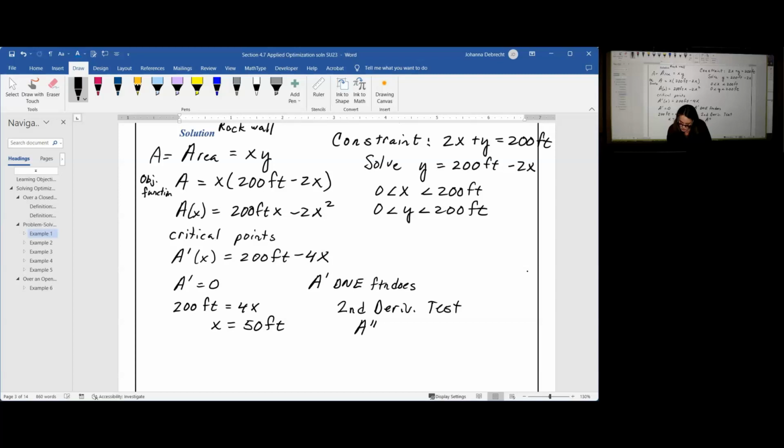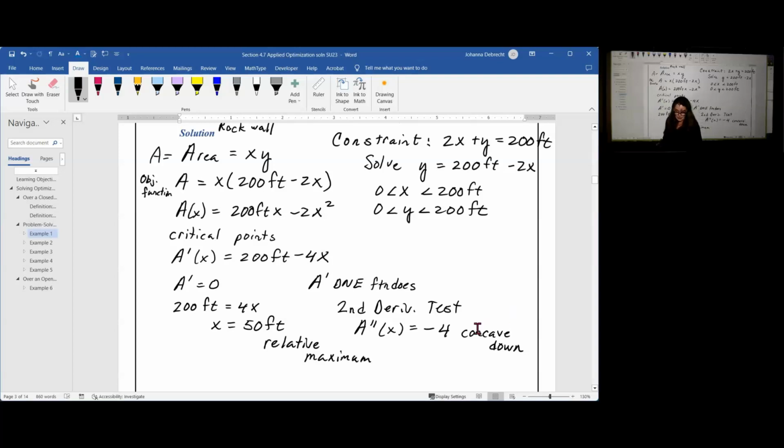We find the second derivative of the area, which turns out to be -4. That means that it's always concave down because the second derivative is always negative. Since it's always concave down, it must be concave down when x is 50 feet, which makes this a relative maximum.